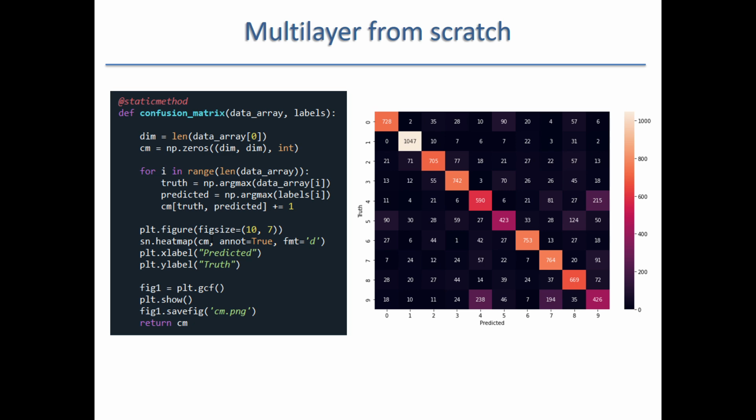RMSprop had a momentum, and then we had some gamma, so some coefficient for the update of the velocities. So it is just this one. So we take the derivative, and then we compute the squares, and then we update the velocities in this way, and then we update the weights according to the velocities.